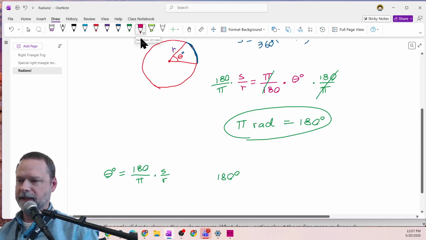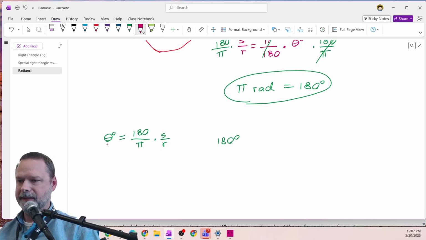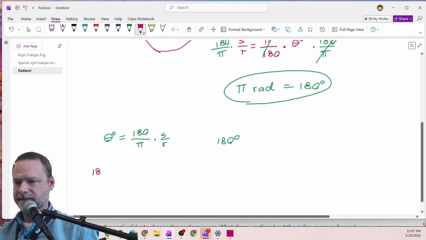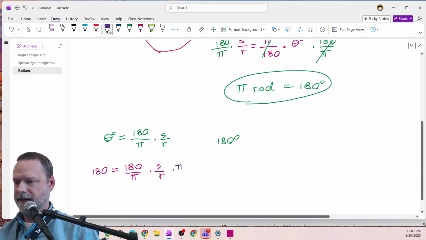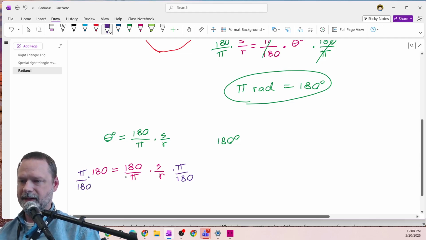Well, my theta is 180. So I have 180 equals 180 over pi times s over r. I multiply both sides by pi over 180. So what happens?